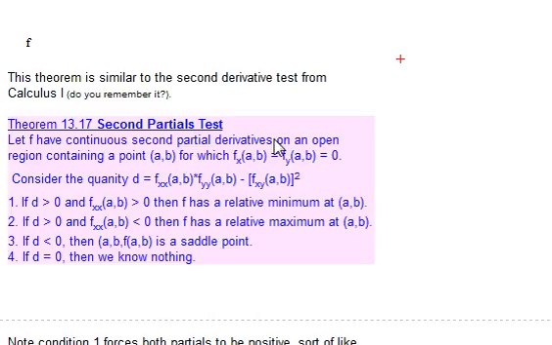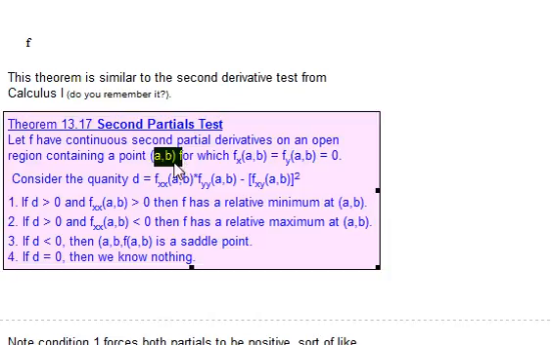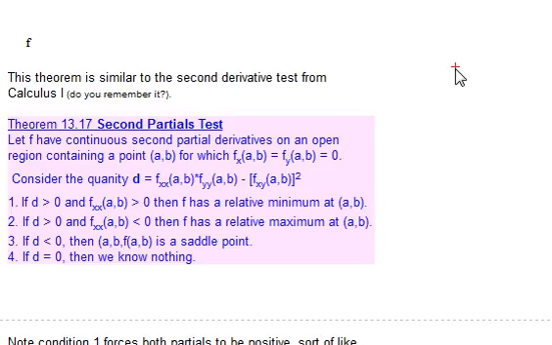Let f have continuous second partial derivatives on an open region containing a point (a, b) for which both first partials, with respect to x and y, are 0 at that point. Consider the quantity d, which is the differentiator between which situation we have.